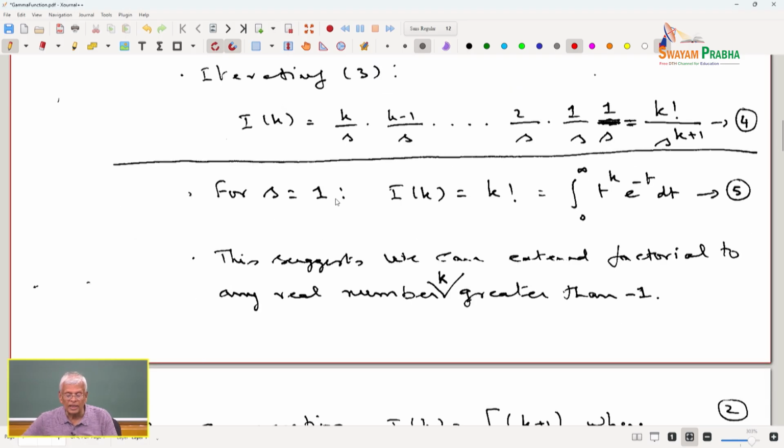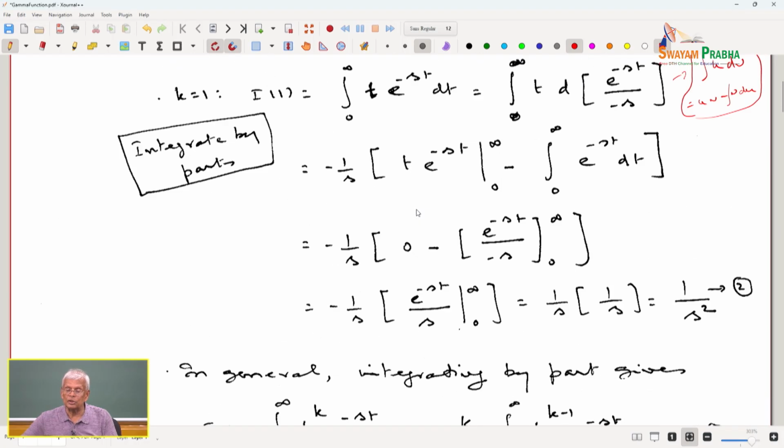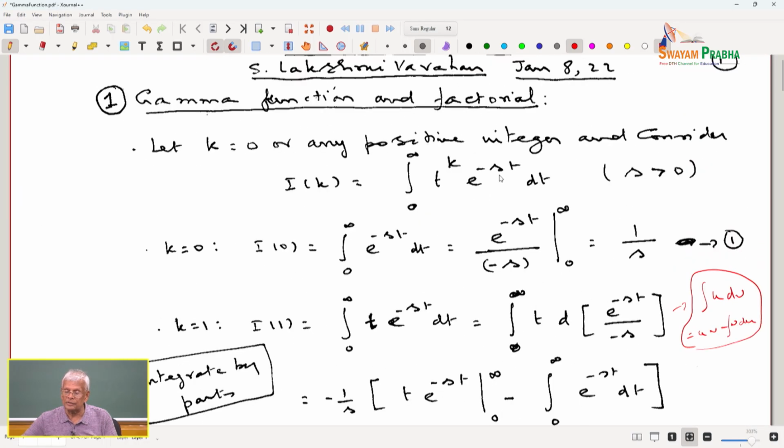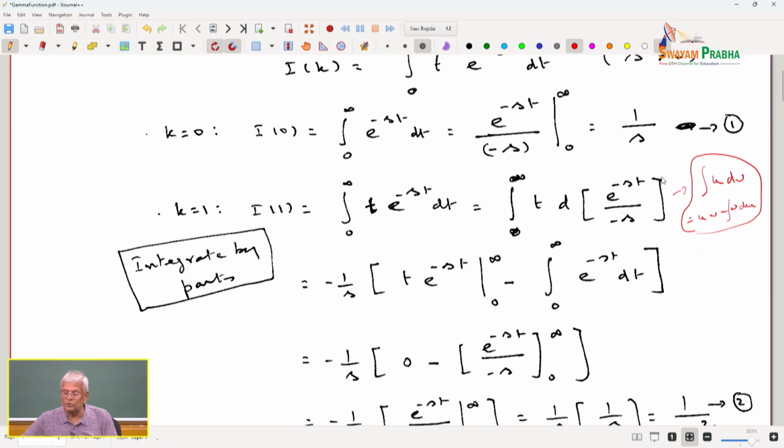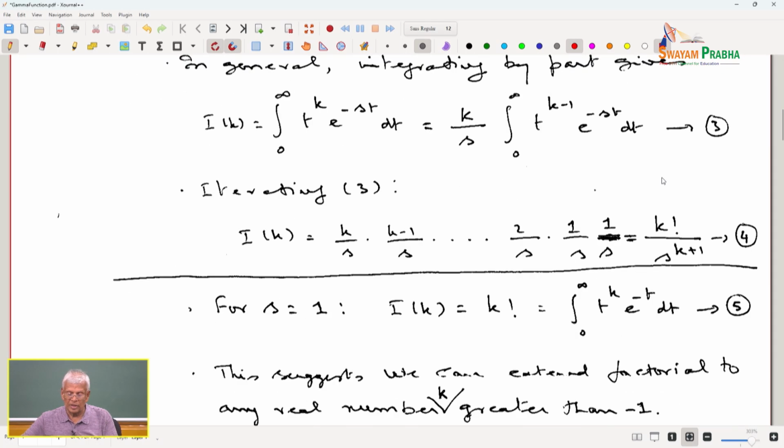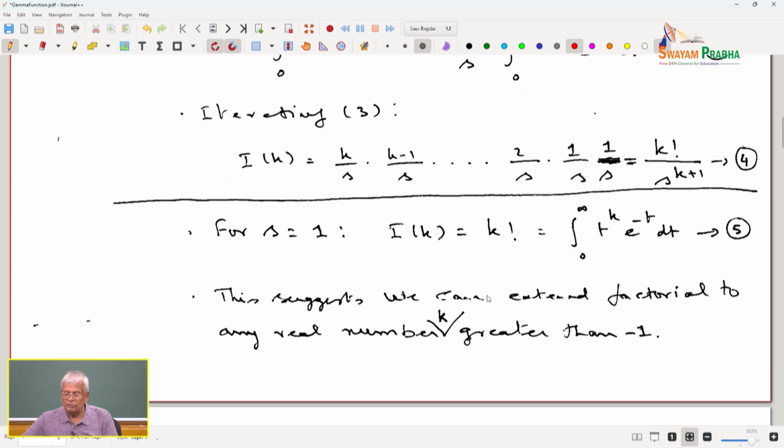Now, if I set s equal to 1, what does s equal to 1 mean in my integration? In e to the power of minus st, s is a number which is greater than 0. So s is a parameter I can set. If s is equal to 1, I k is factorial k, because the denominator becomes 1, which is equal to the integral from 0 to infinity of t to the power of k e to the power of minus t dt.